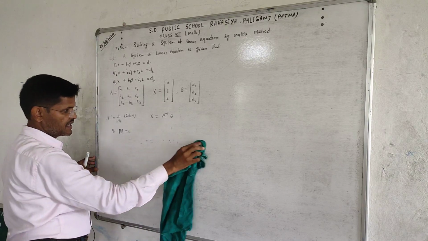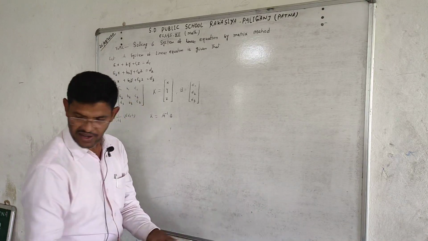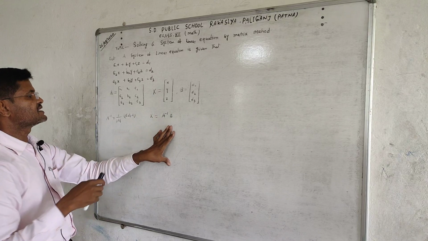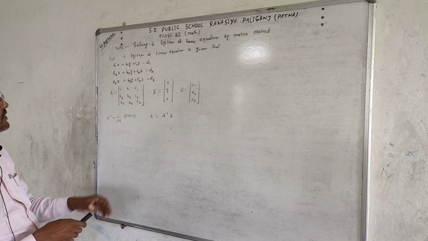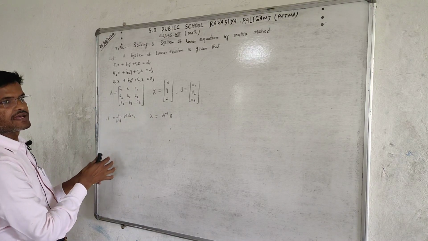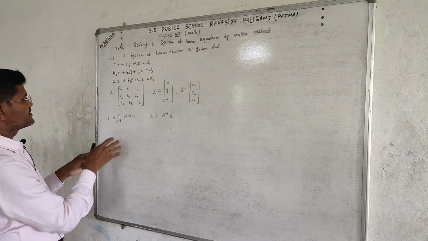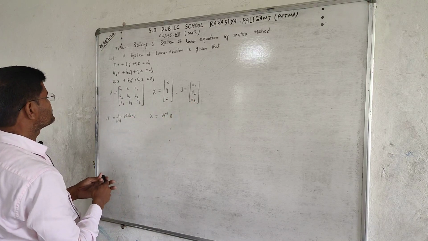If determinant A is not equal to 0, then we can find the solution of this equation, and this type of equation is said to be consistent. This consistent equation has a unique solution. Means in this situation, the equation has a unique solution.